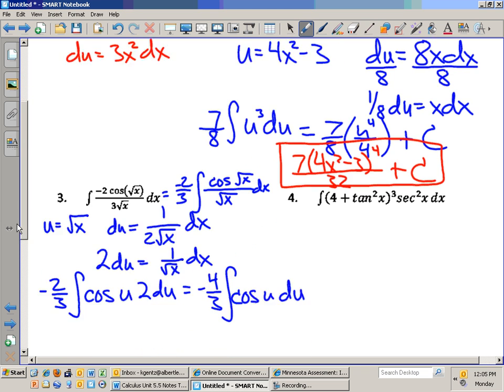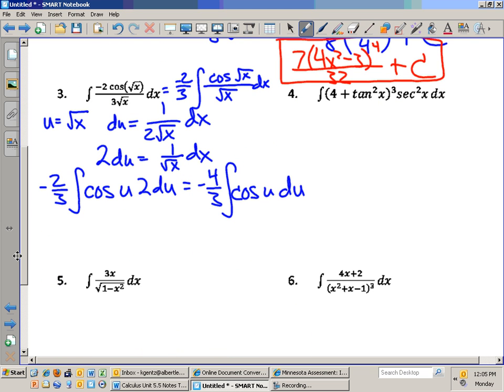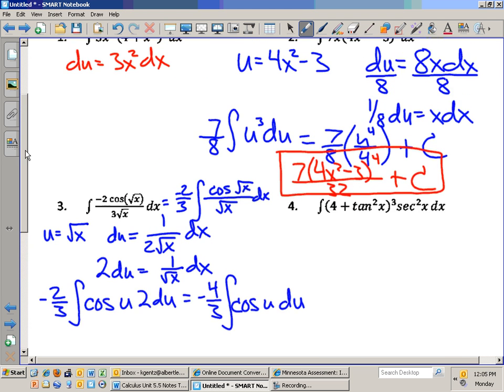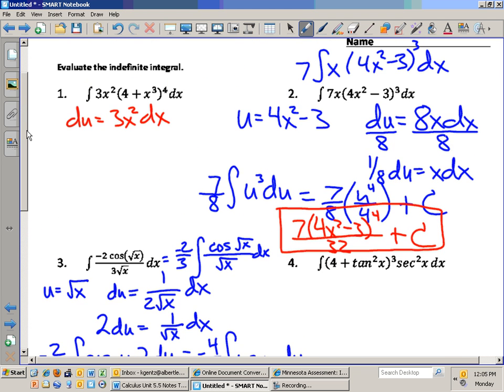Well, this x in the denominator comes up when we take the derivative as well. So we're accounting for the square root of x. The u accounts for that. The 2 du accounts for the one in the denominator. Just like up here, Claire, u accounted for 4x squared minus 3, but the du helped account for the x.